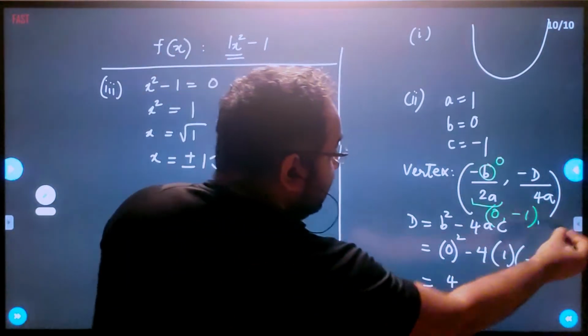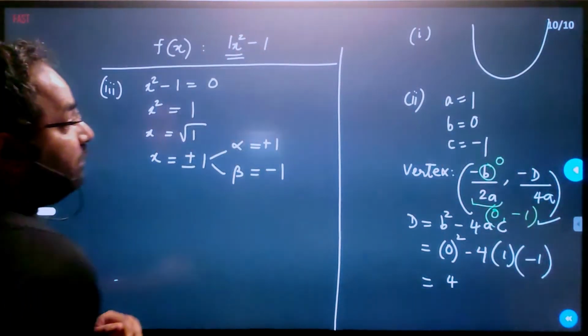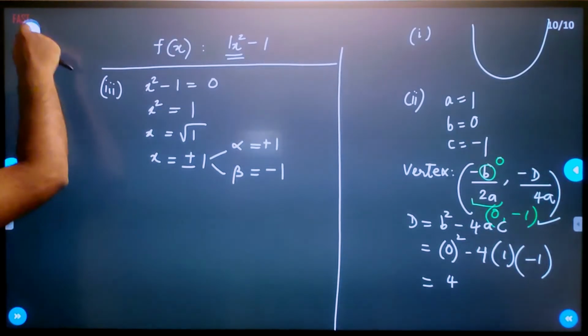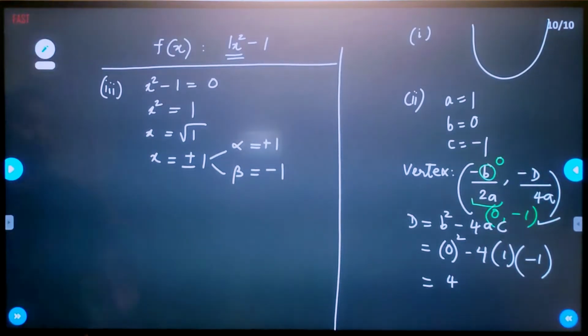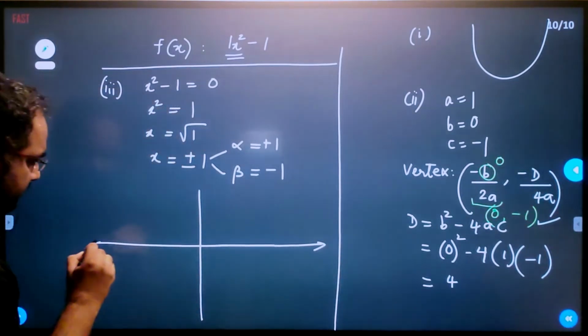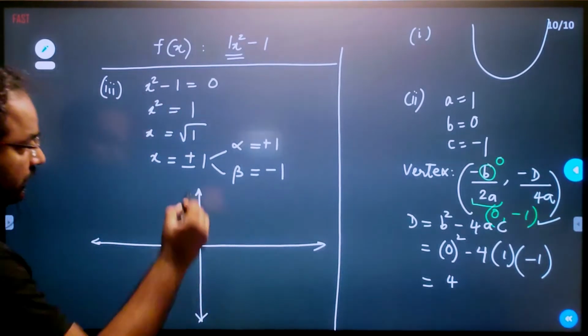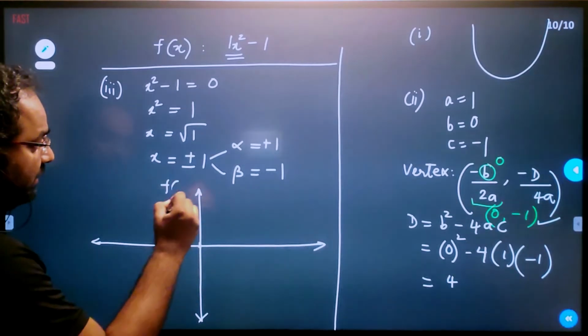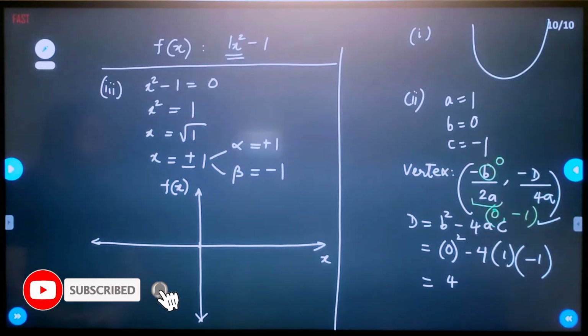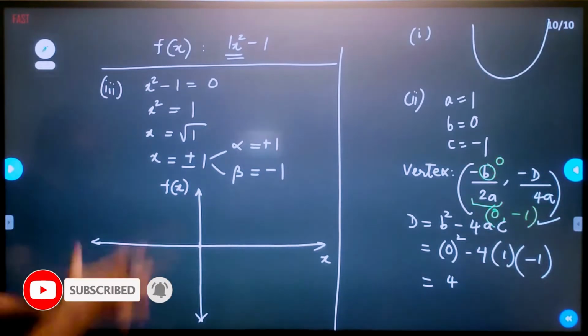Okay, my vertex I have, it is upward facing, and I got the values of my alpha and beta as well. So let me just, in this little space here, I hope all of you can follow, I'll just plot it here itself. So this is going to be f of x, this is going to be x. Very good. Now, it's upward facing.